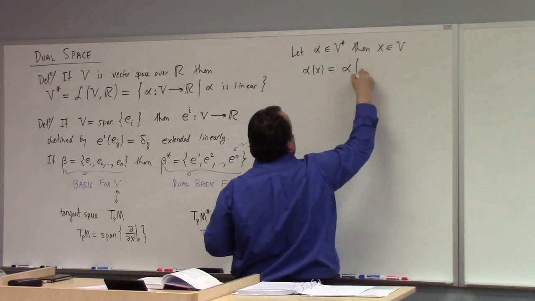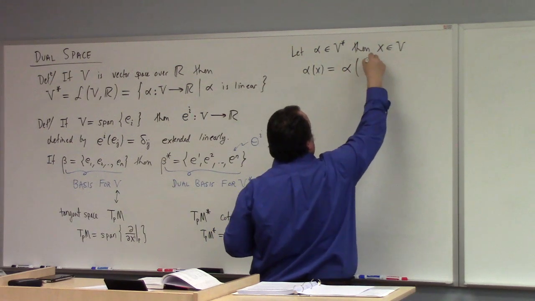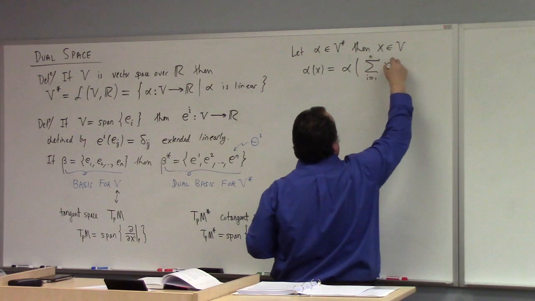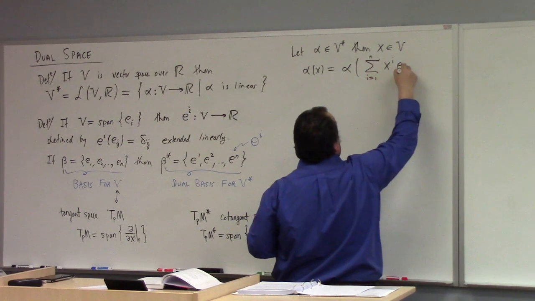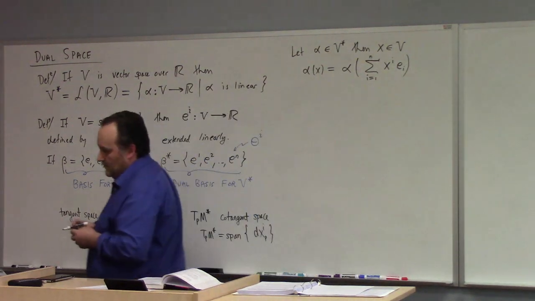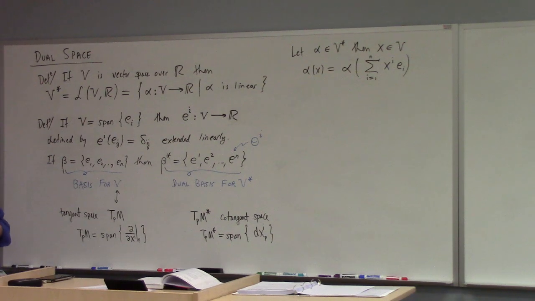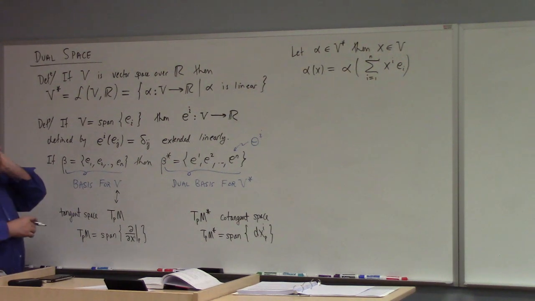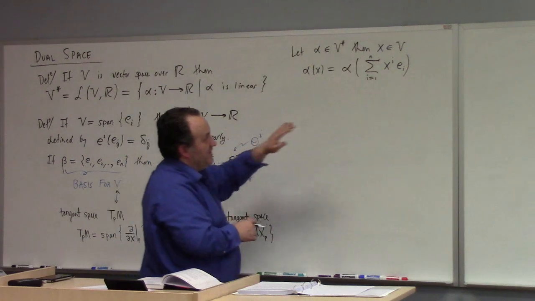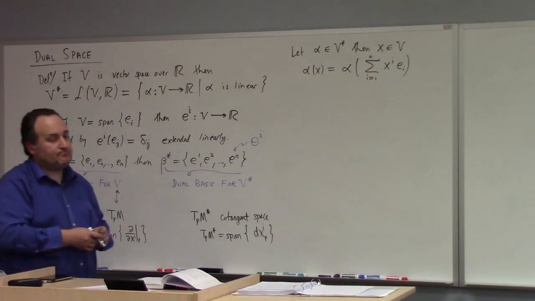We have alpha of the sum, i equals 1 to n, of x upper i, e lower i. I do use up-down notation here, so we're going to put the index up because it's a vector. This is a convention we're going to start using: the components of vectors have the index up, okay?